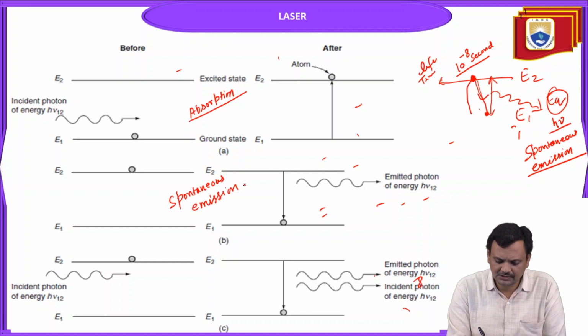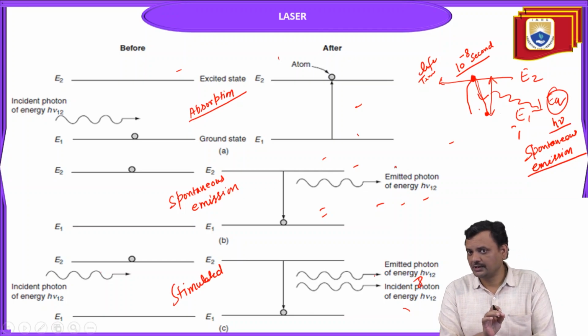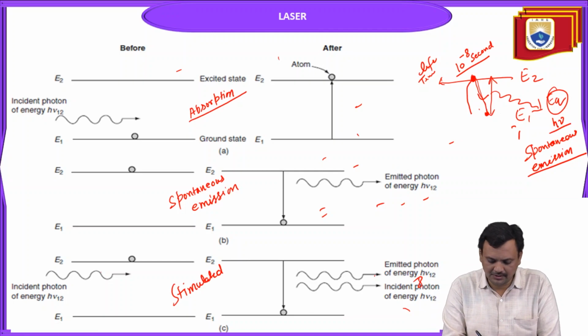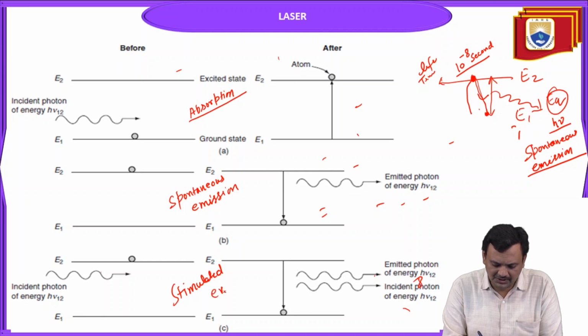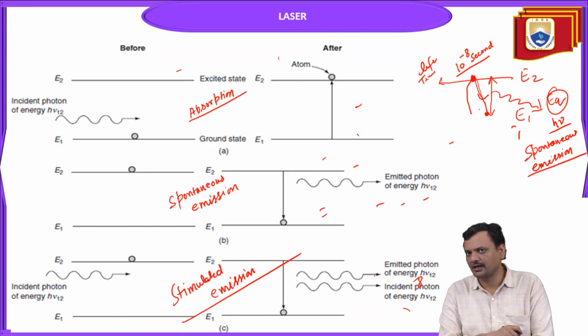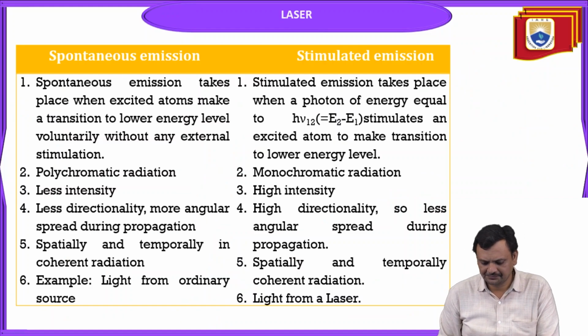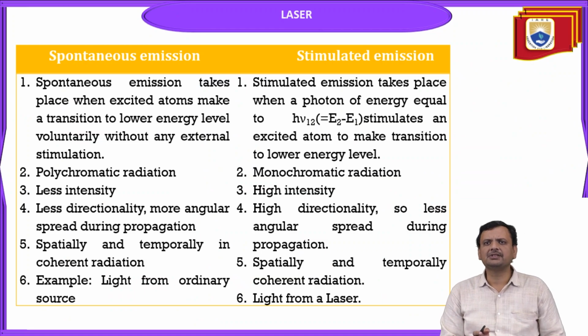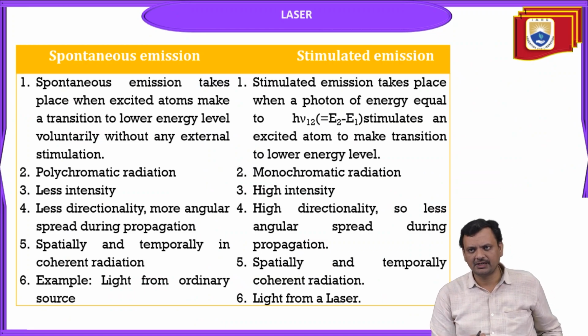And this third one is stimulated emission, stimulated by one spontaneously emitted photon. So this stimulated emission is important for getting the laser light. Okay. So these are some differences between spontaneous emission and stimulated emission.